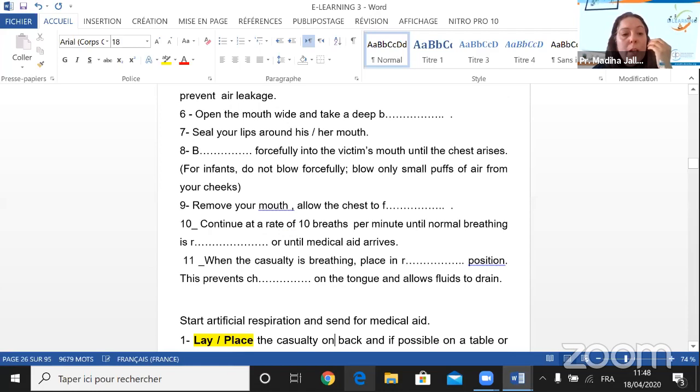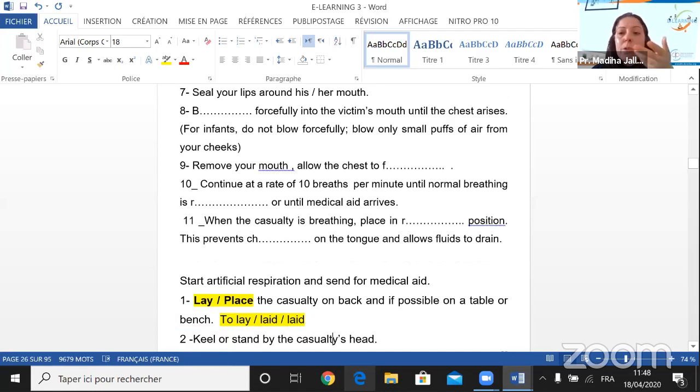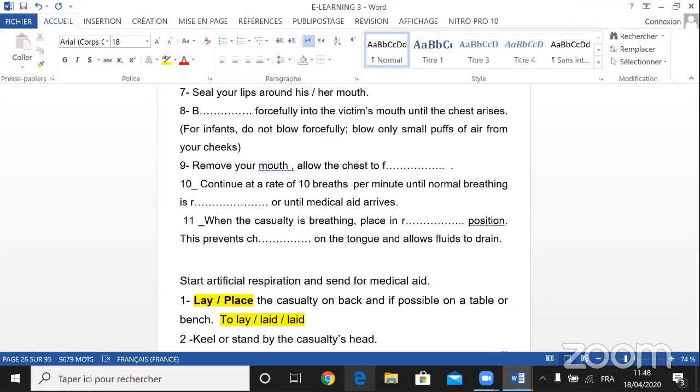Then remove your mouth and allow the chest to flatten. So there is inhalation, then in exhalation, the chest will flatten or fall. You can use flatten or fall.